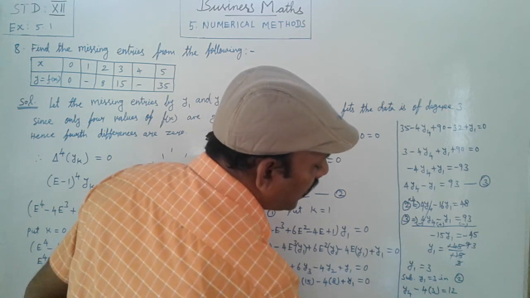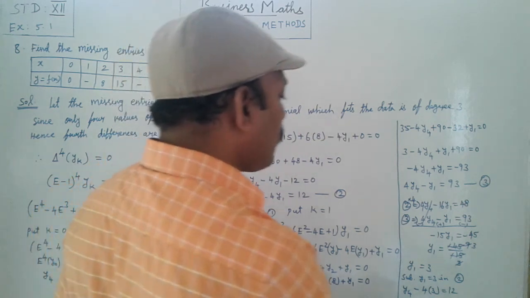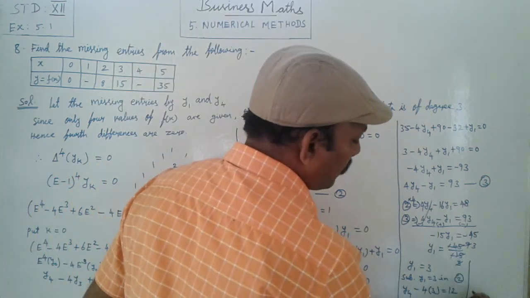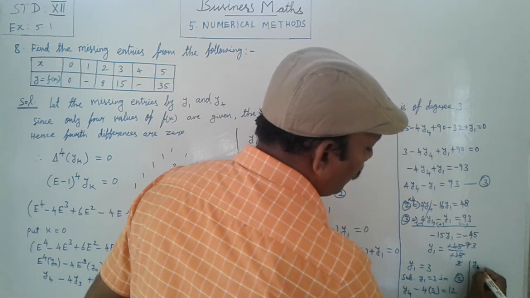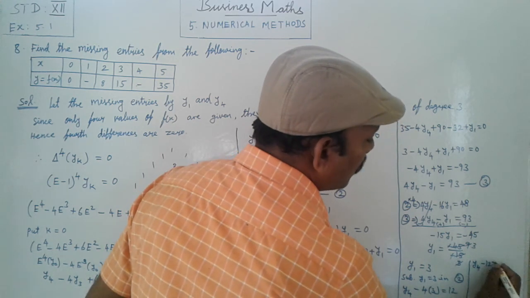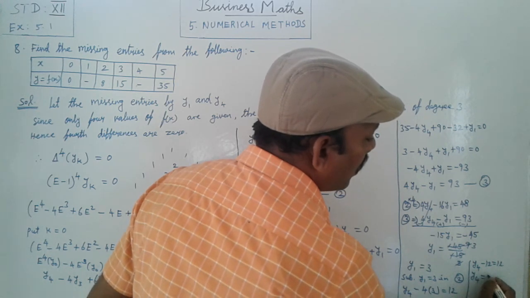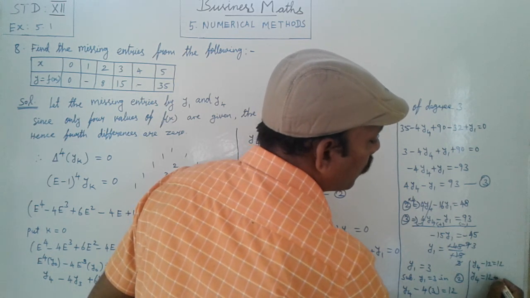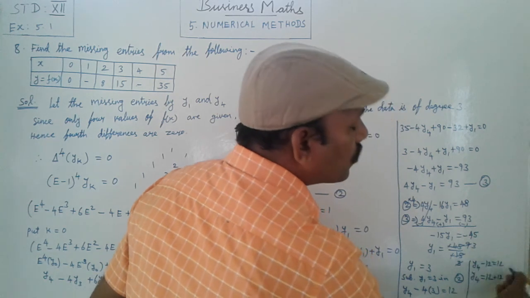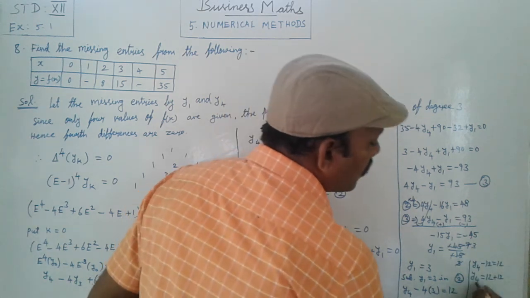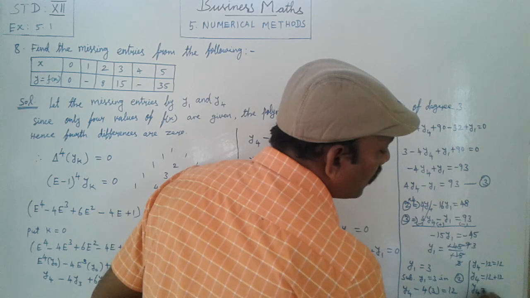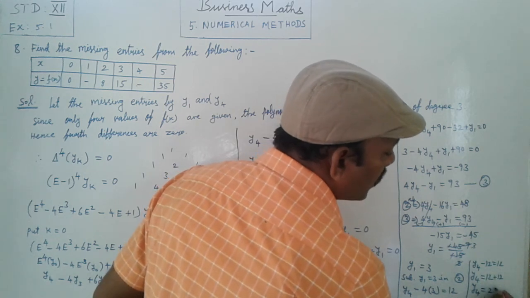This 12 we should take right hand side. y4 minus 12 equal to 12. This 12 we should take right hand side. y4 equal to 12 plus 12, minus 12 we should take right hand side plus 12. So y4 equal to 12 plus 12 is 24.